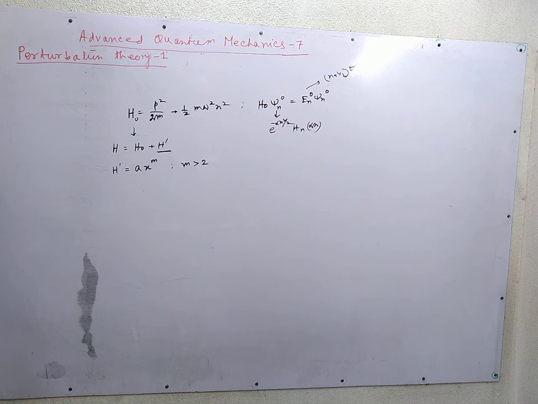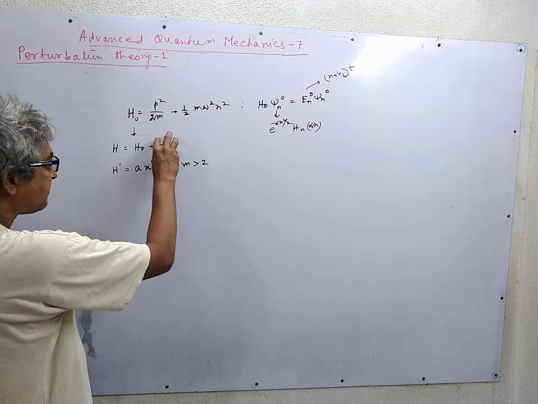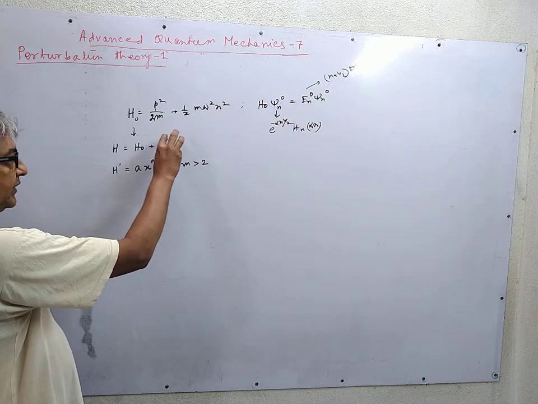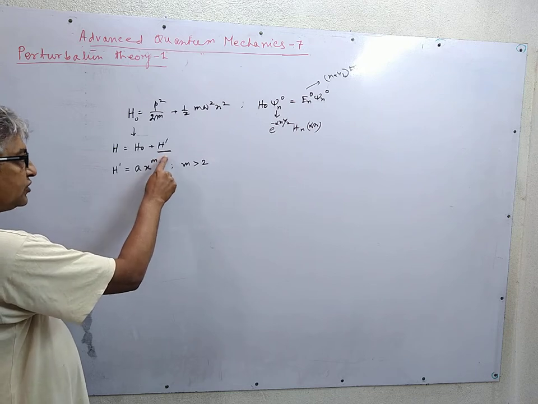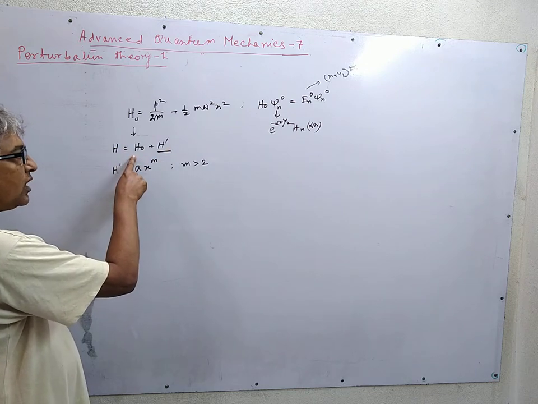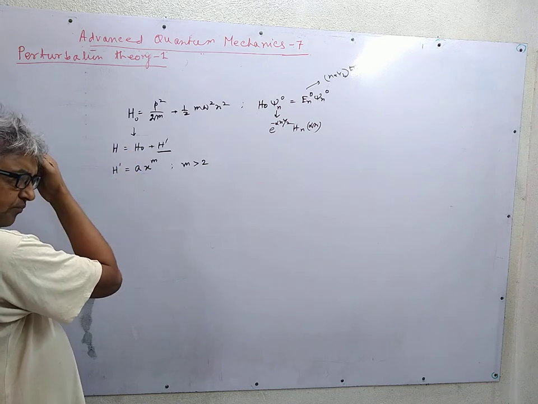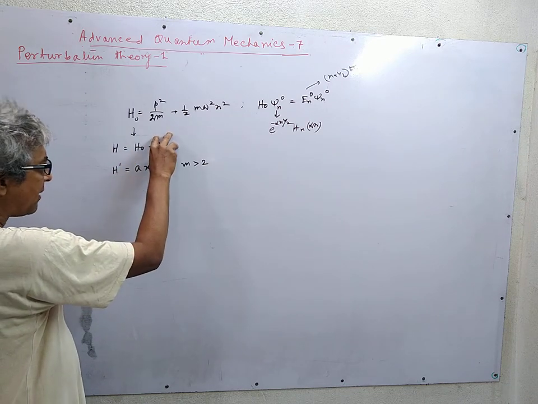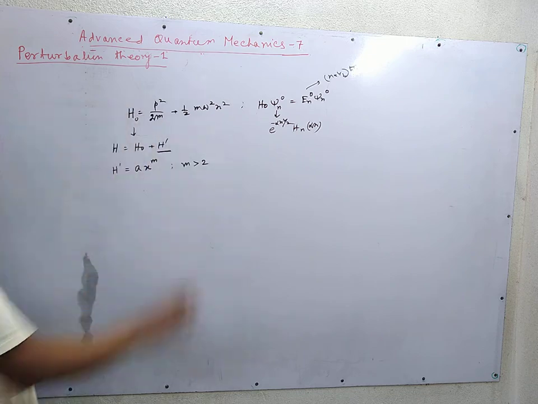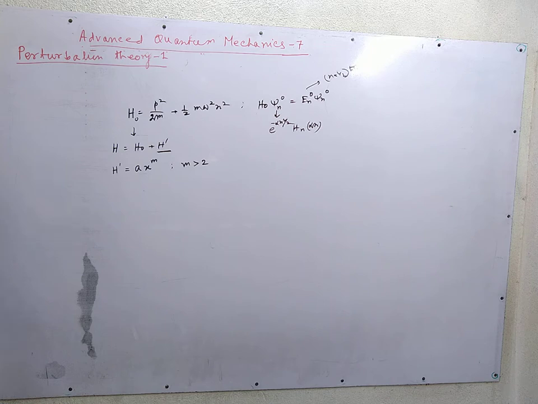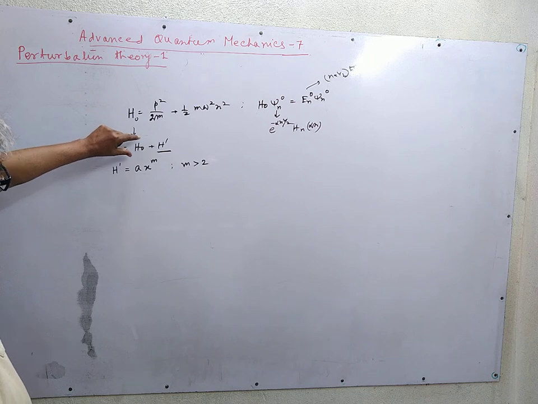Then we can consider this part to be a small additional term which is added to the exactly solvable Hamiltonian, and we call it a perturbation. By perturbation we mean that the additional term is small enough so that the overall structure of the system, which was described by Hamiltonian H0, remains the same.